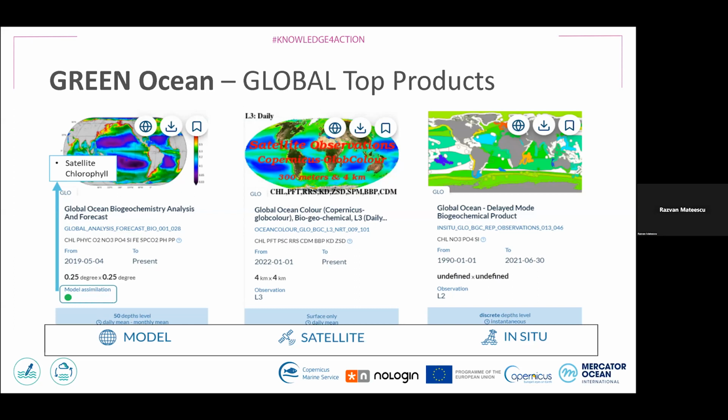For satellite observation, you'll find global ocean color for biogeochemical level 3 products since 2022 with a resolution of 4 kilometers, data interpolated.